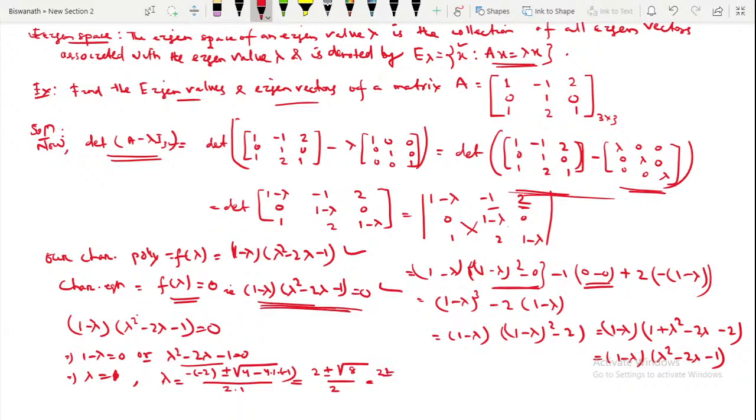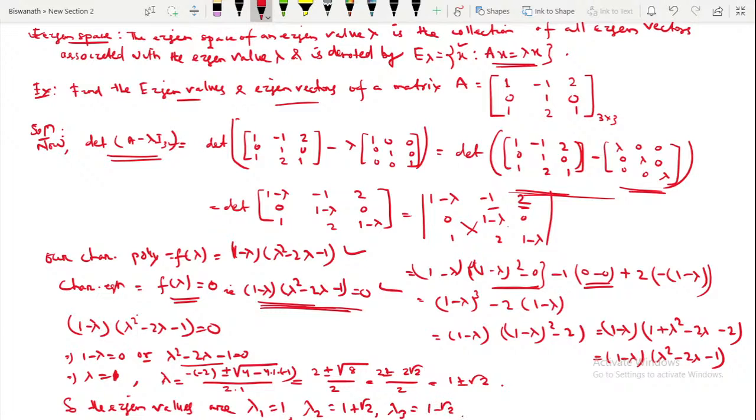This will be 2 plus minus 2 root 2 by 2. After cancelling 2, it will be 1 plus minus root 2. Okay, so what are the eigenvalues here? The eigenvalues are lambda 1 equal to 1, lambda 2 equal to 1 plus root 2, and lambda 3 equal to 1 minus root 2.